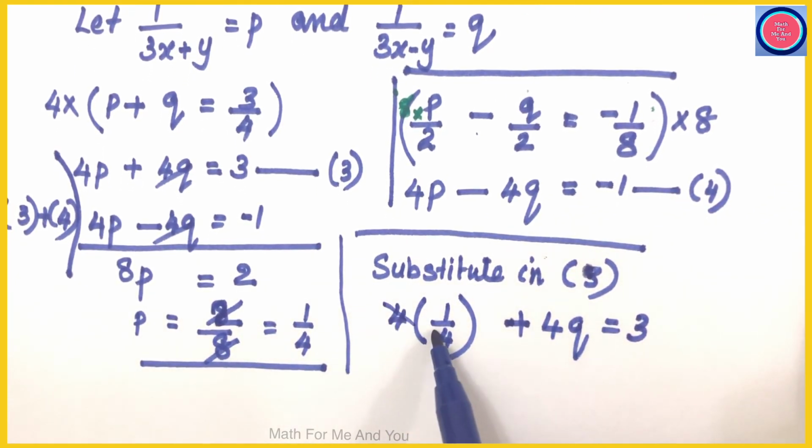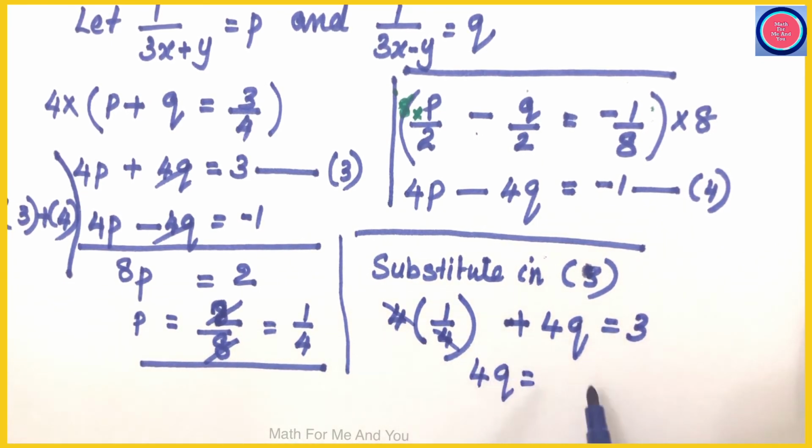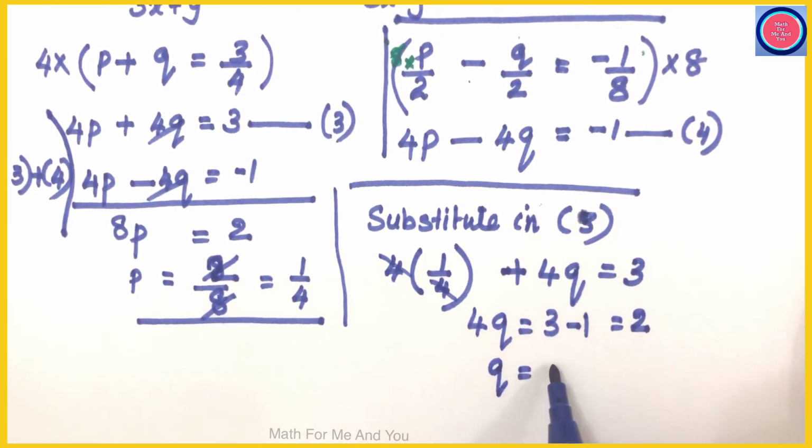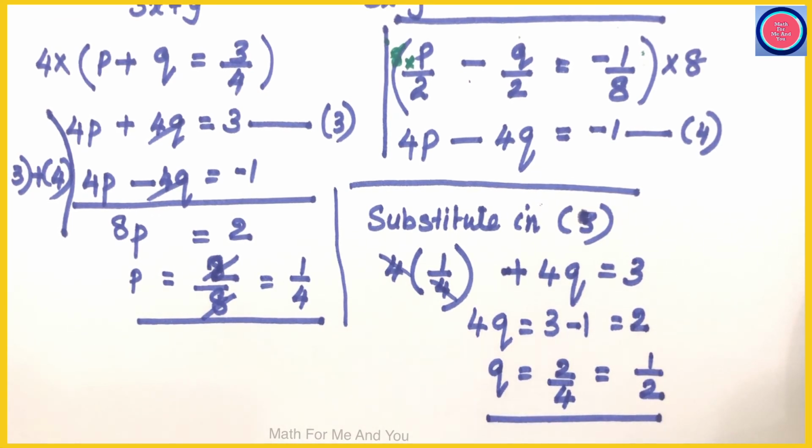So we get there 1. 1 plus 4q. Then what is 4q? 4q equals 3 minus 1. That is equal to 2. 4q equals 2. What about q? q equals 2 by 4. Cancel 2 from numerator and denominator. We get 1 over 2. q equals 1 over 2.